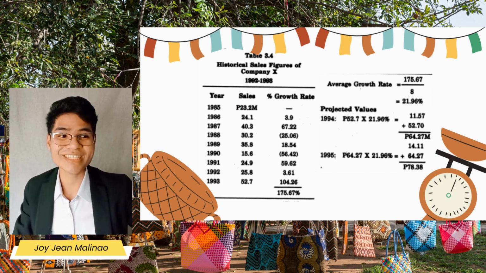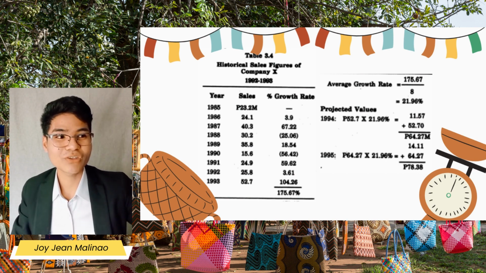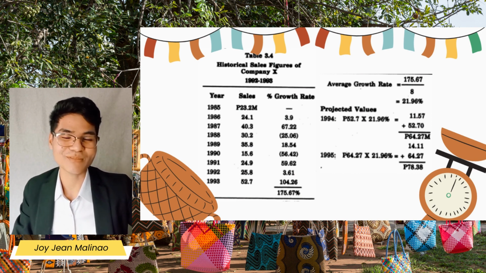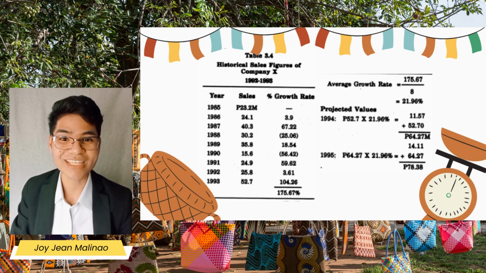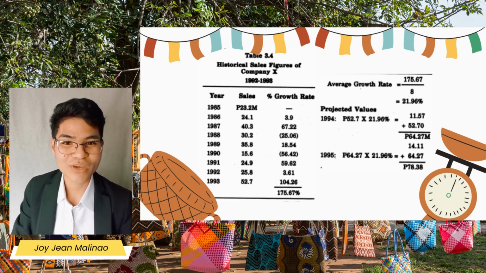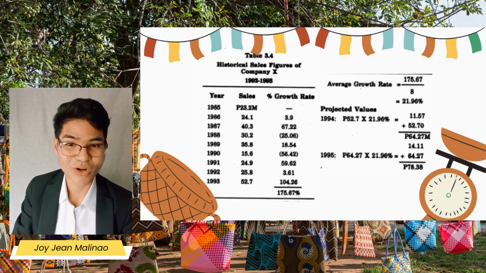And of course, the sale in 1995 is 78.38 million, and that is just by adding the growth to 64.27, the sales in 1994. So we have 78.38 million sales in 1995. So very easy. Am I right? So I think the year 1996 and so on, you can get it by your own effort.